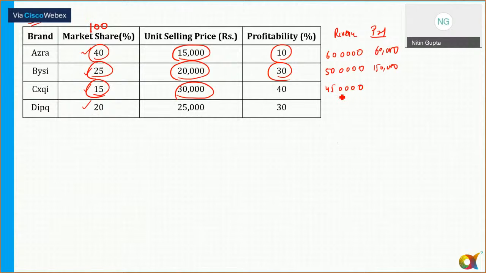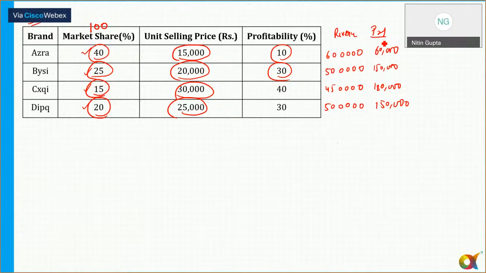So 10% is equal to 45,000, so 40% will be equal to 180,000. Similarly, it is 20 into 25,000, that is 25 into 2, 50 followed by 4 zeros. And 30% I need to take, so 30% is 150,000. So we can easily calculate the profit here.